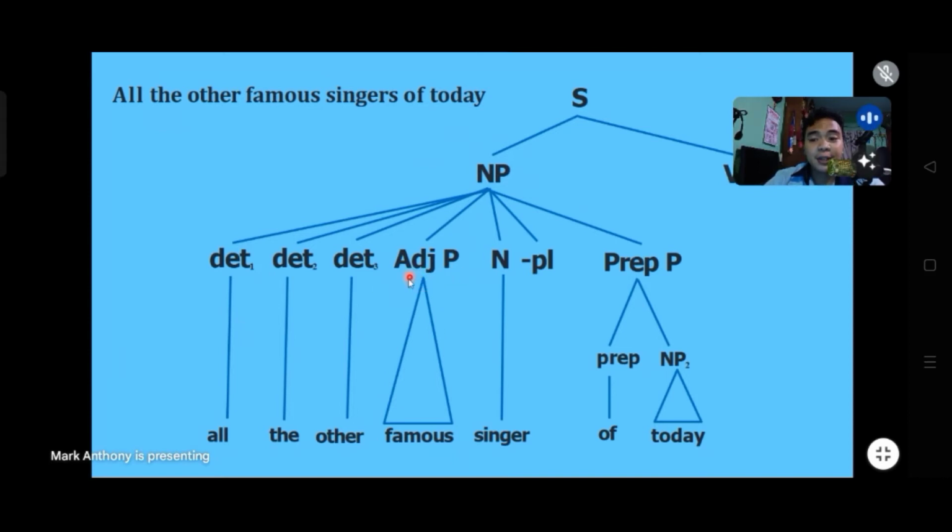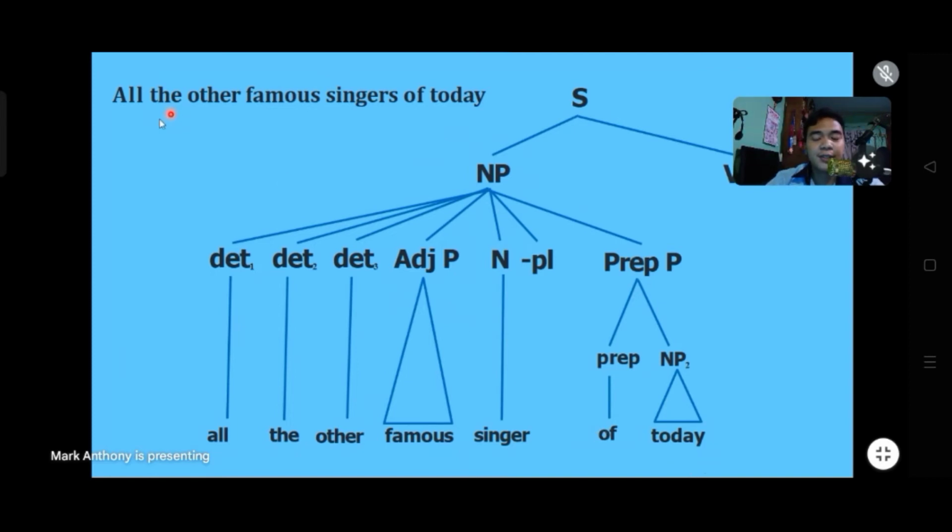The adjective here modifies the noun, in which the noun is classified in the plural form, followed by a prepositional phrase, in which the preposition is the word "of," and another noun phrase, our second noun phrase, which is the word "today."